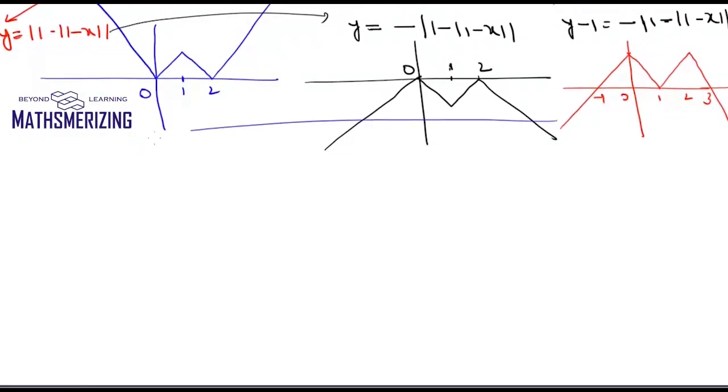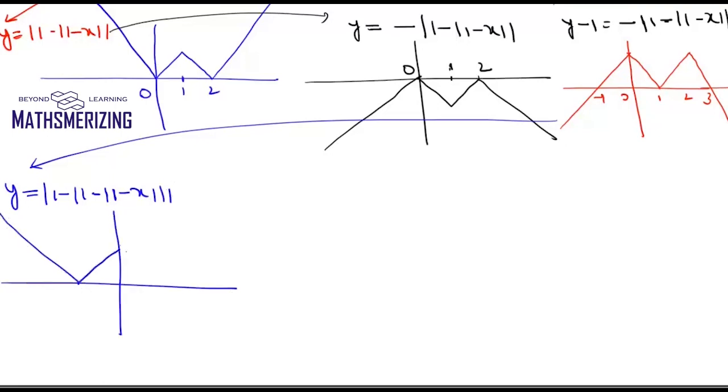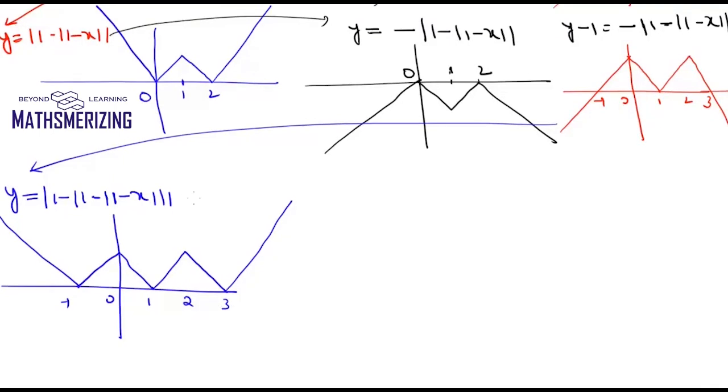Now again from here, y equals mod of 1 minus mod of 1 minus mod of 1 minus x. So minus 1, 0, 1, 2 and 3. Now we just need to do that one more time.